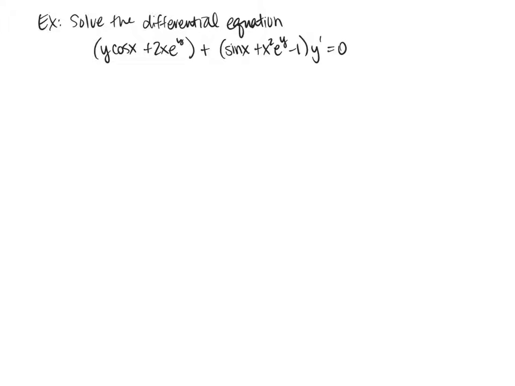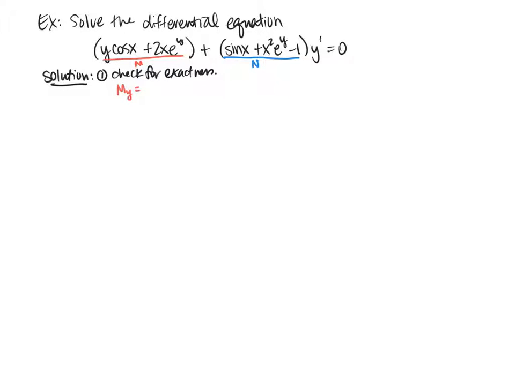So here's an example. We're going to solve this differential equation. So the first thing we want to do for our solution is check for exactness. Okay, so this thing here is my m. This guy here is my n, right? So I want to check the partial derivative of m with respect to y.